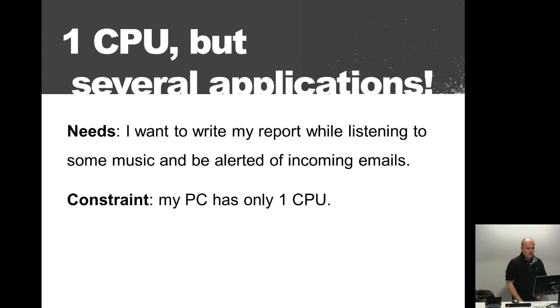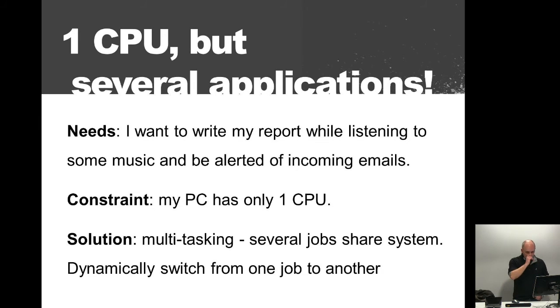However, your PC has only 1 CPU. So it means that you have only one processing unit, so you can do only one of the three things at a moment in time. Okay. So the solution is to do multitasking.